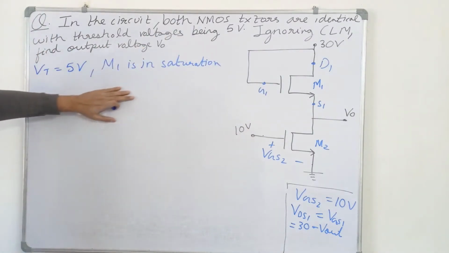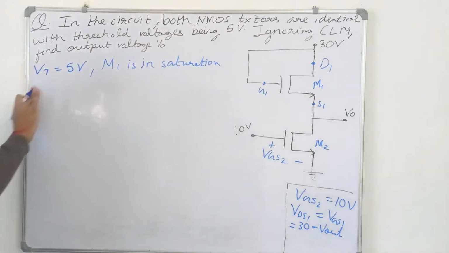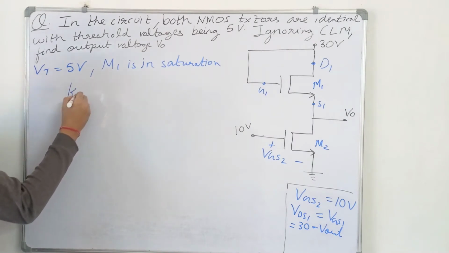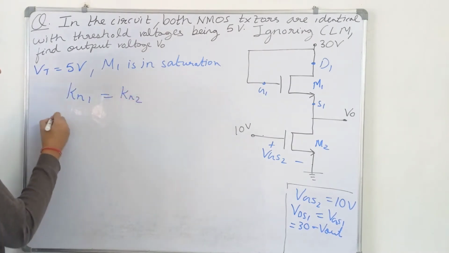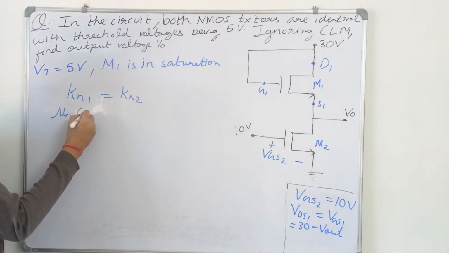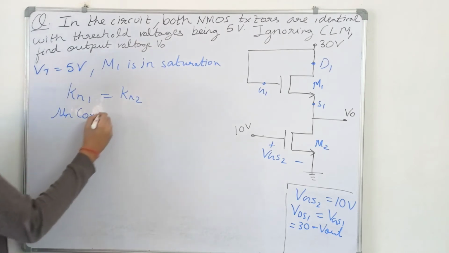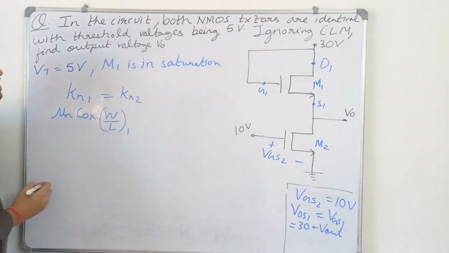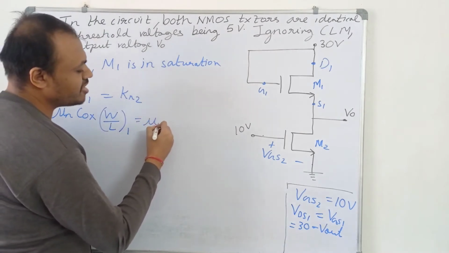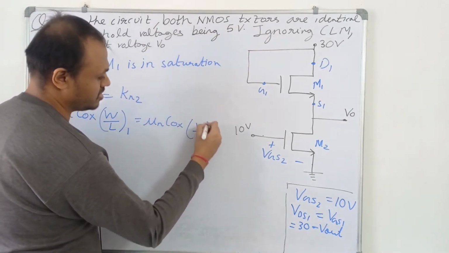And threshold voltage is 5 for both the transistors. Both the transistors are identical, so their process conduction parameter must be the same. So Kn1 is equal to Kn2. What it means is that mu n COX W by L1, where mu n is the mobility of electron and COX is the oxide capacitance, is equal to mu n COX W by L2.